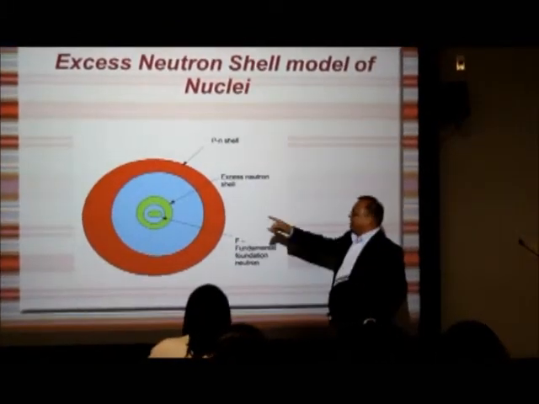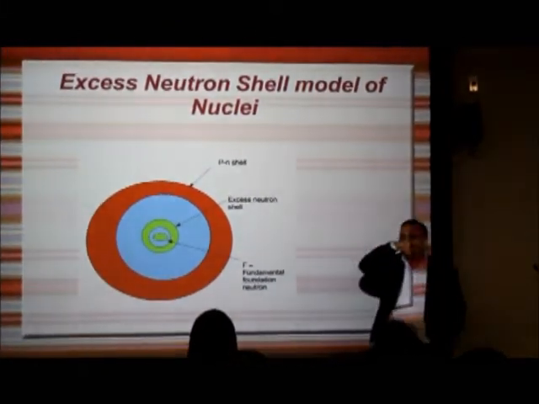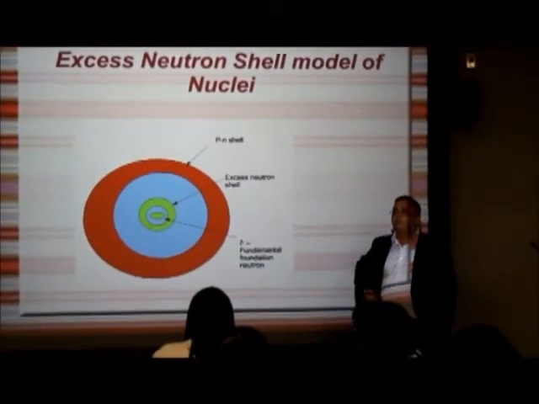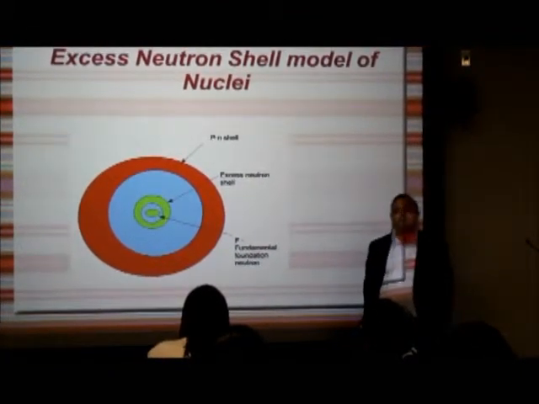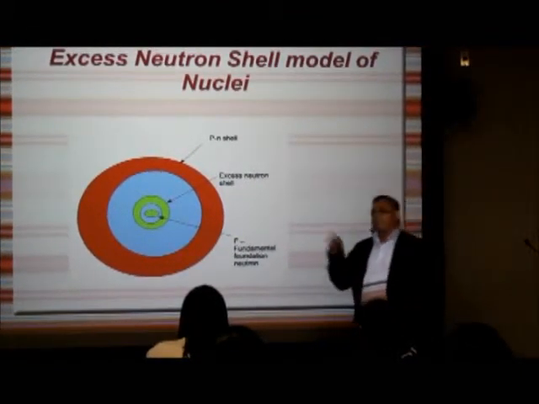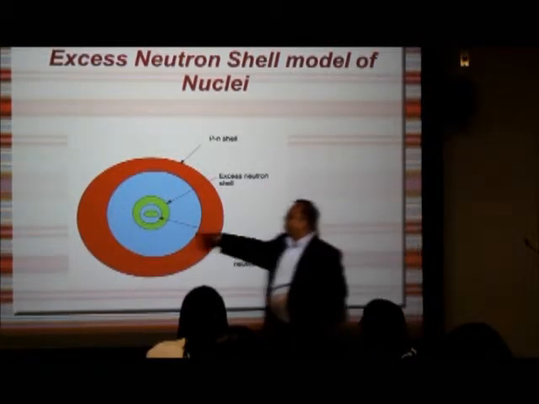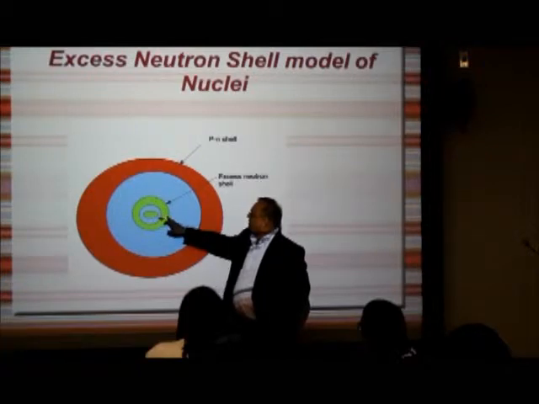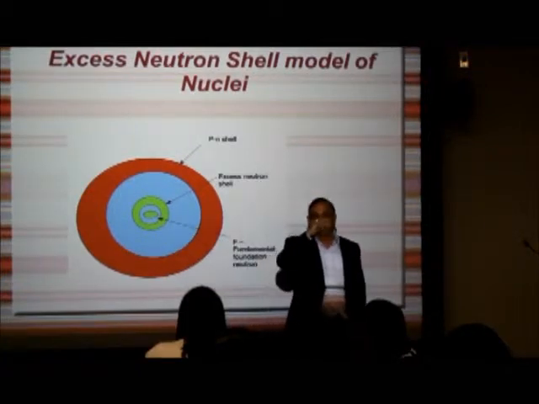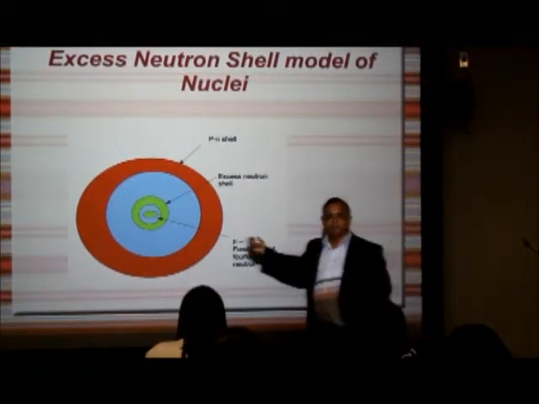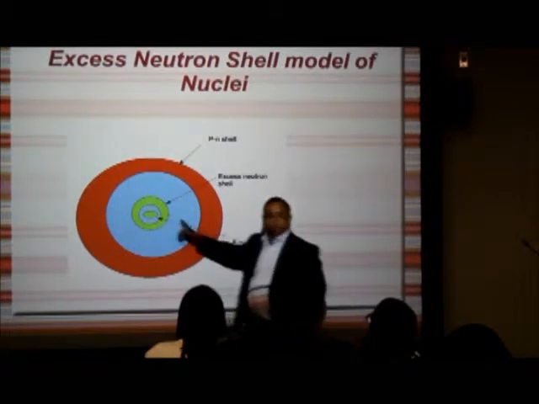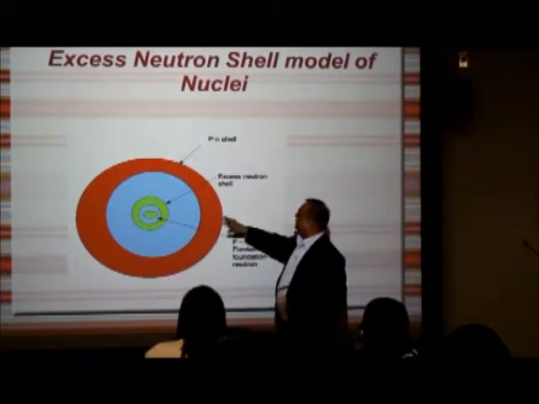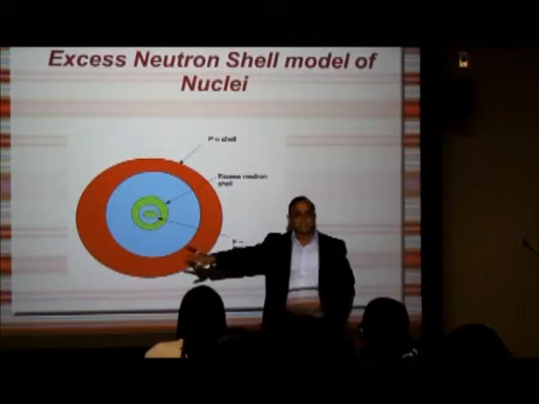I put that dot there because there was empty space, and that space can only be taken up by another neutron. So the very first excess neutron will always go there, and then this will be the regular shell, KLM and SPDF. And this is an NP shell.